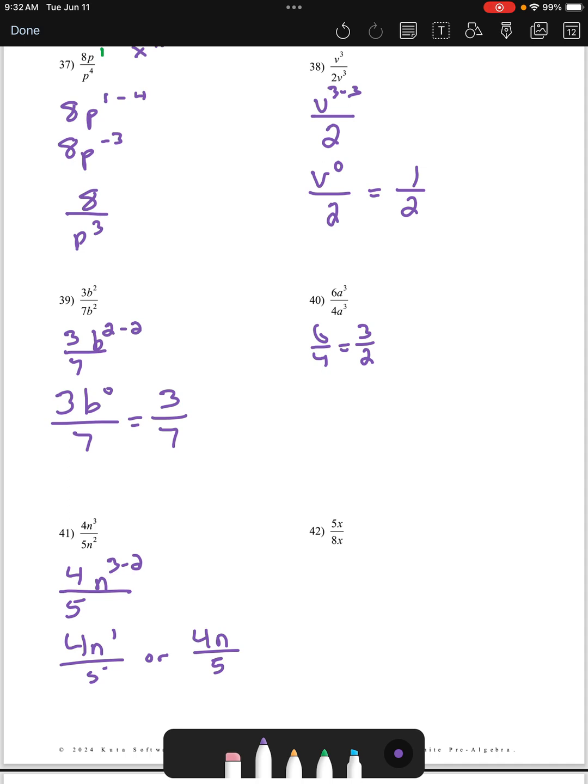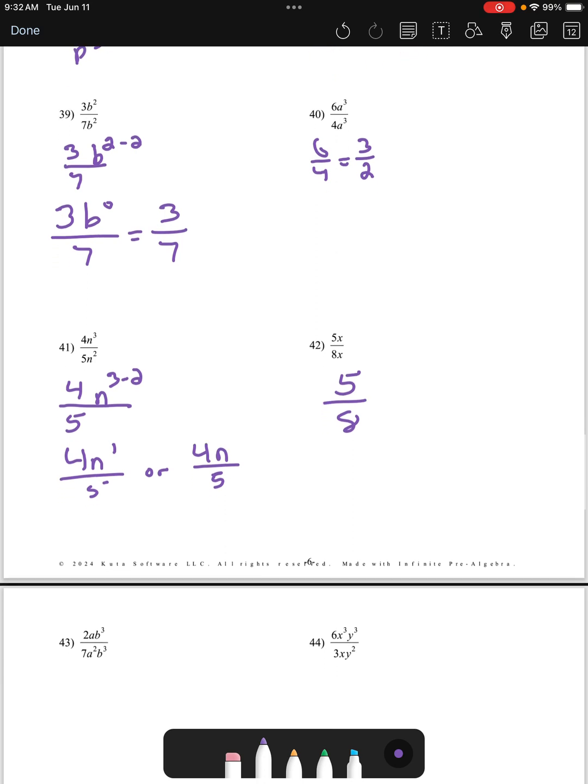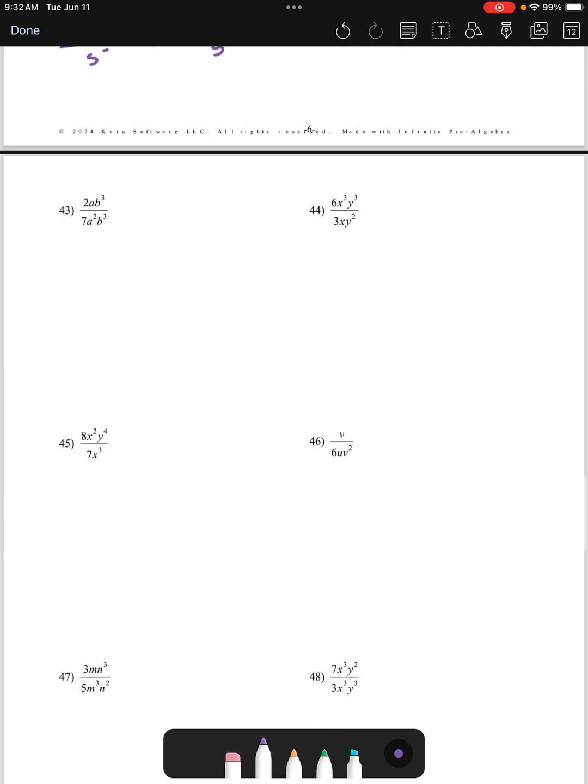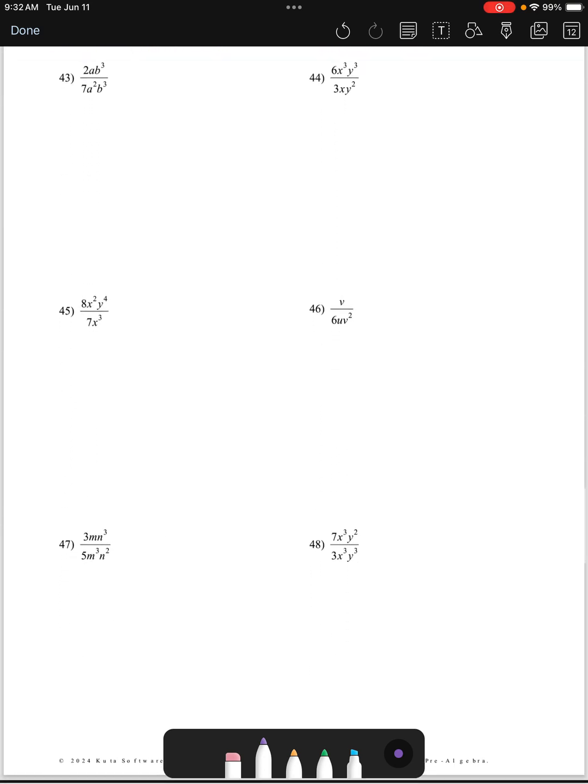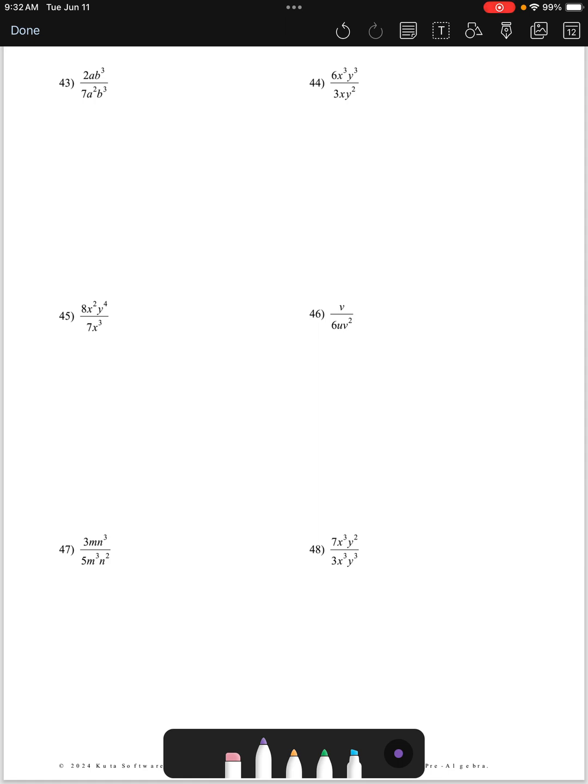So we can write 4n to the first over 5, or we can just write 4n over 5. In number 42, the x has the same exponent, the invisible 1. That means they cancel out. So all we have left are the 5 and the 8. There's no simplifying to be done with just a 5 and just an 8.